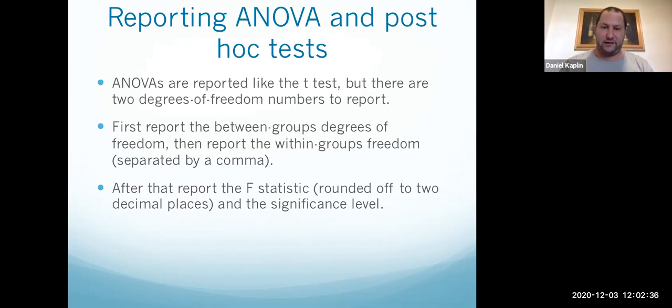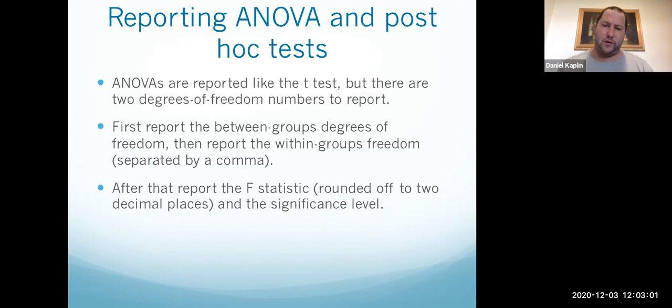So the post hoc test, and there are tons of them, about 20 of them, would allow you to determine where the statistical significance lies. Now, what do you report, right? So you report 2 forms of degrees of freedom.